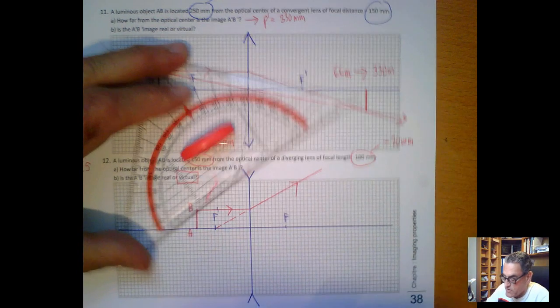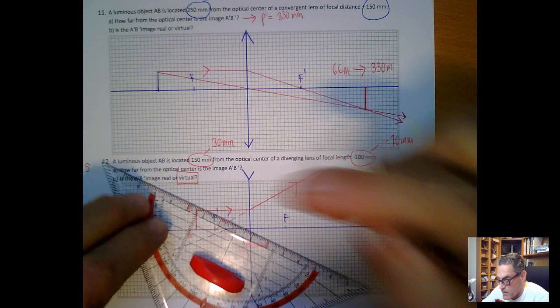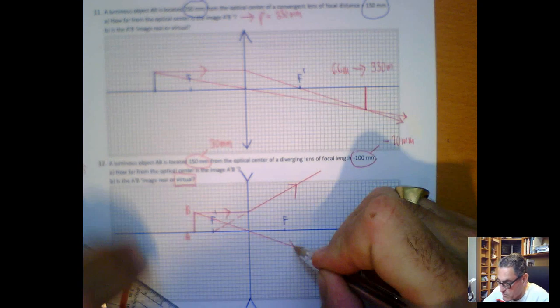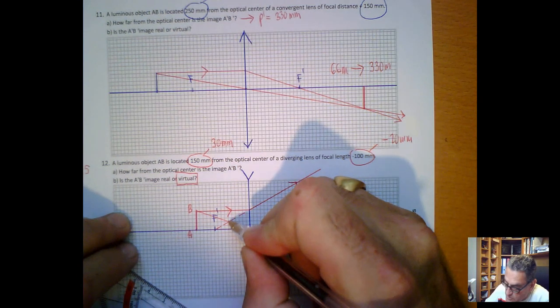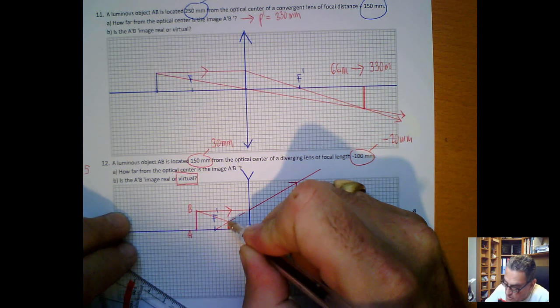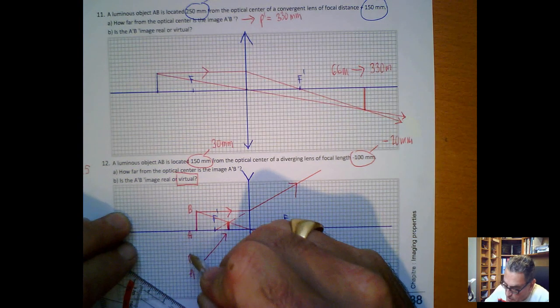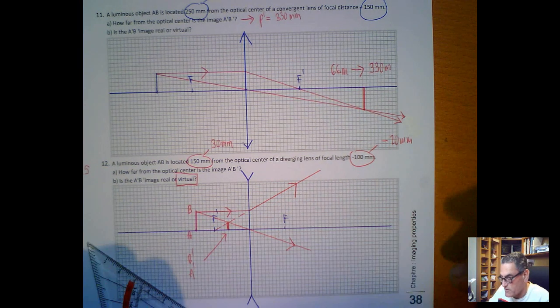It's going to leave this way, and then we have the other ray passing through the optical center and going straight, and so we have an intersection here, and our image, so the image A prime, B prime, is down here.